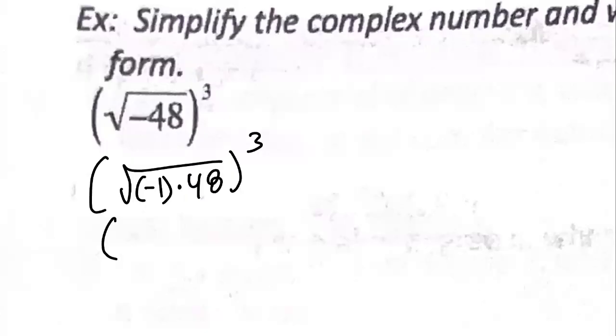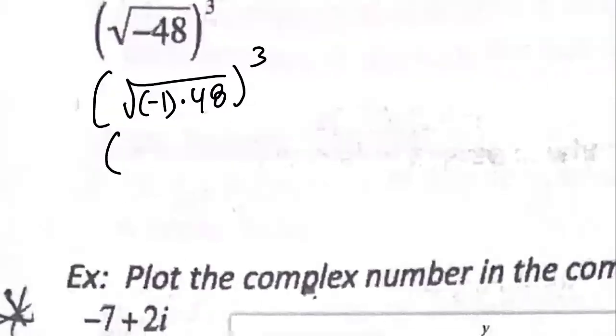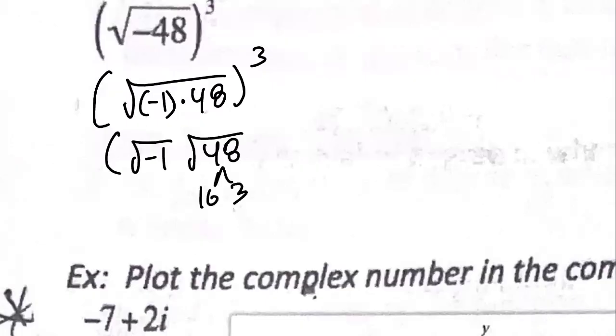Okay, how good are you guys at simplifying radicals? Would you simplify the square root of 48? So remember, this is negative. So 48 is 16 times 3, and 16 is 4 times 4, right? Because you are going to need to know how to do this part.